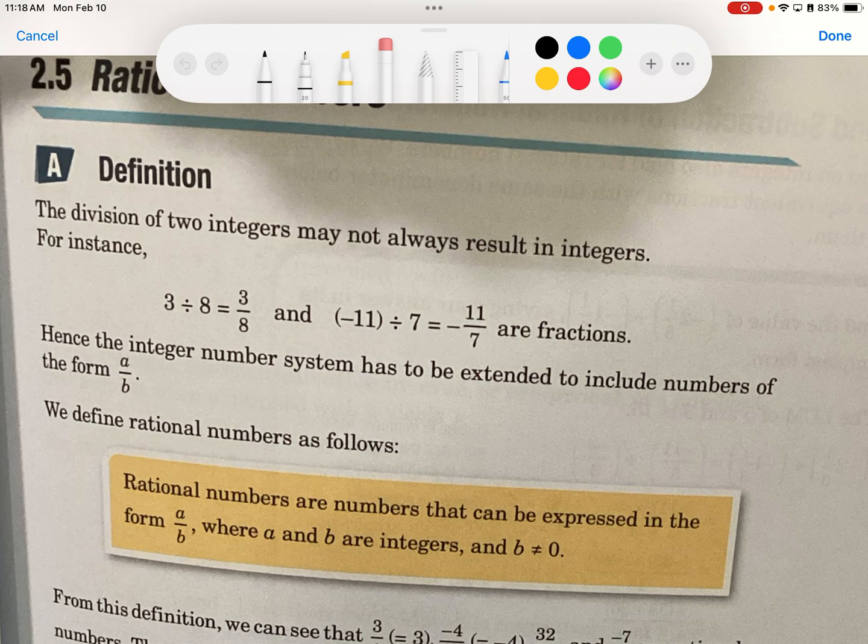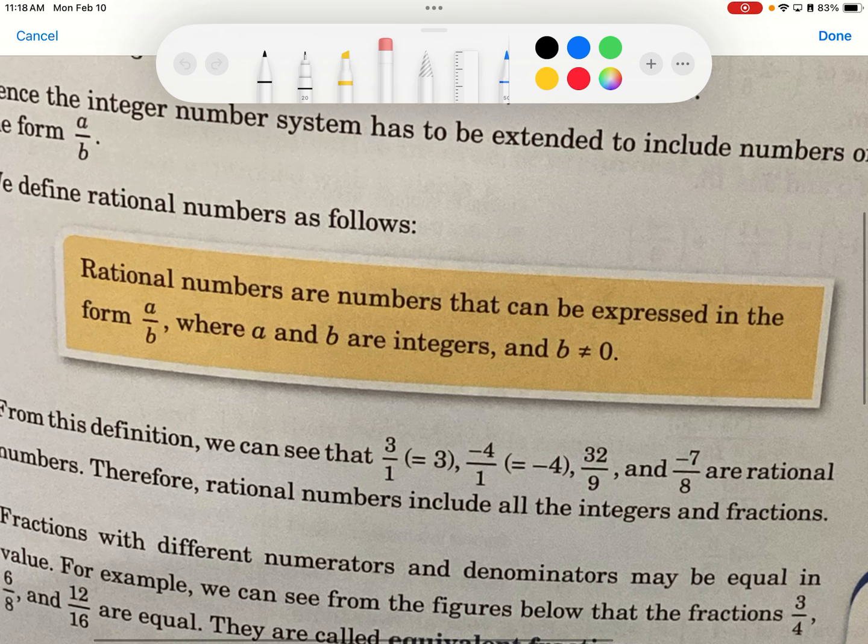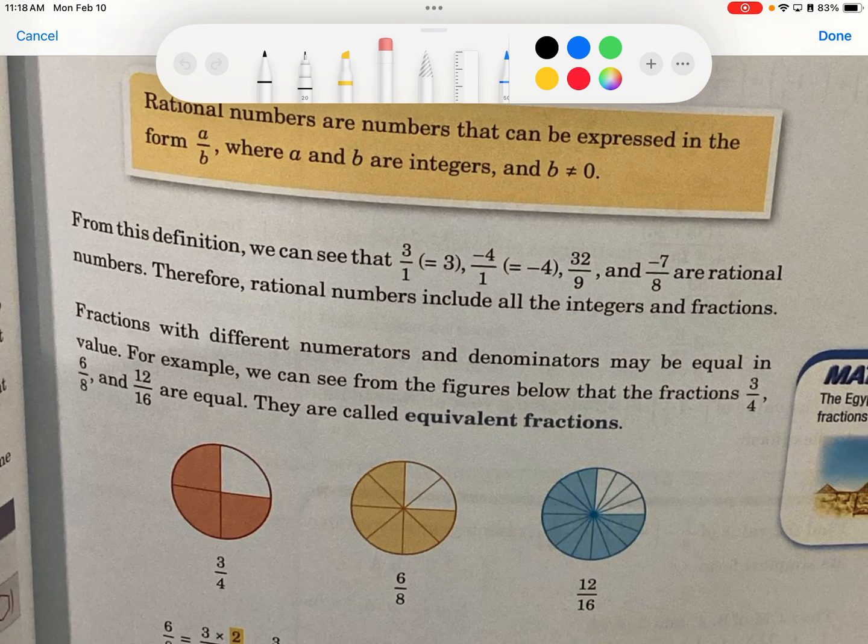We define rational numbers as the following. Rational numbers are numbers that can be expressed in the form a over b, where a and b are integers, and b does not equal 0.